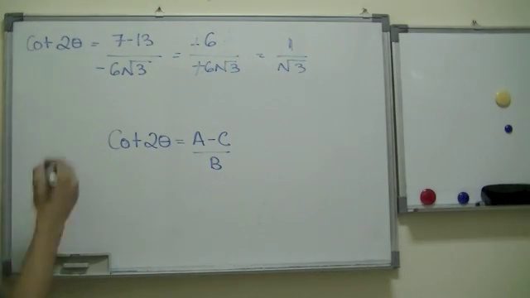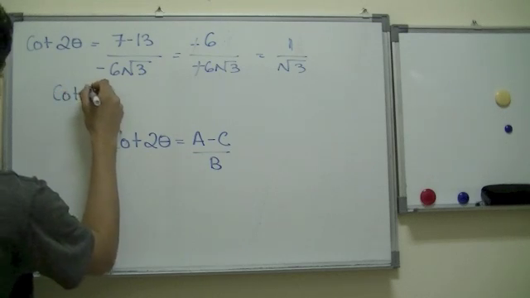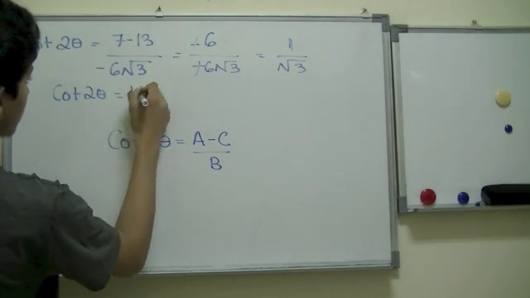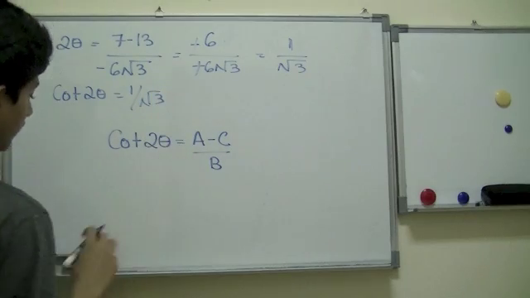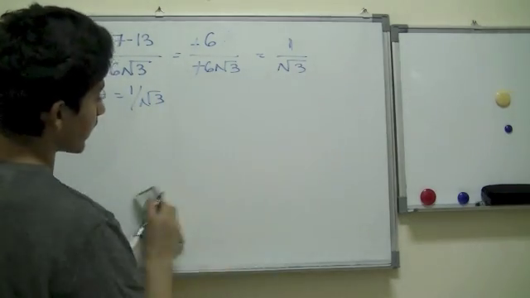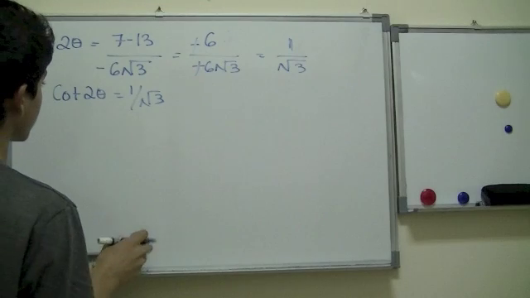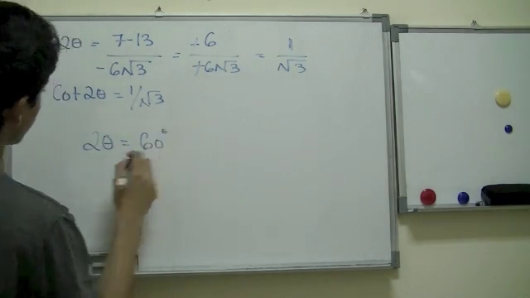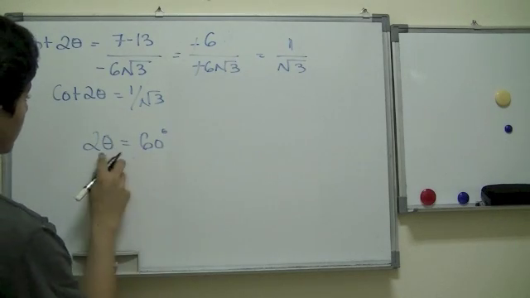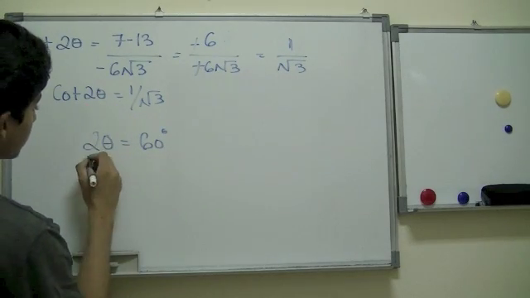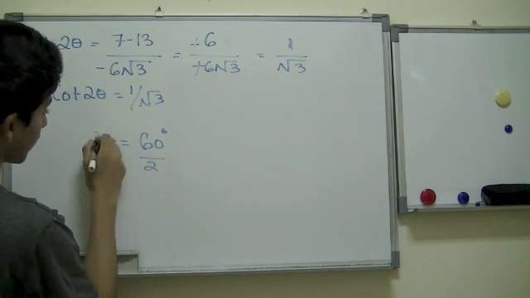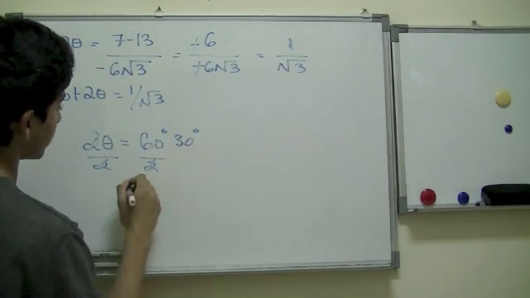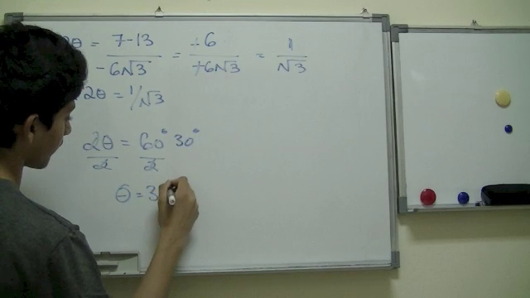Okay, so now we have cotangent of 2 theta equal to 1 over radical 3, which we know comes out to be what? Well, it comes out to be 2 theta equal to 60 degrees, right? Now we have two thetas, so we divide each side by 2, giving you 30 degrees for theta.